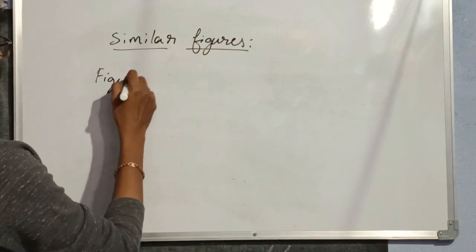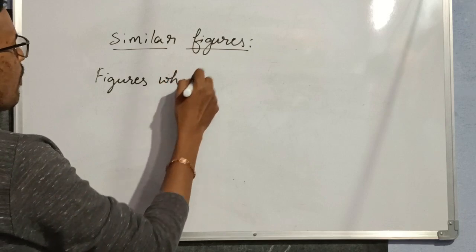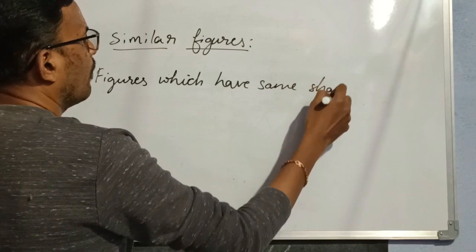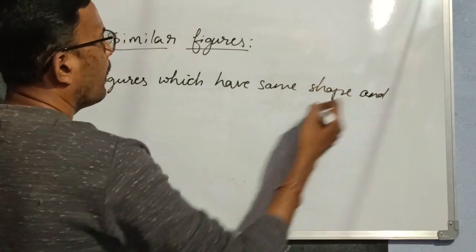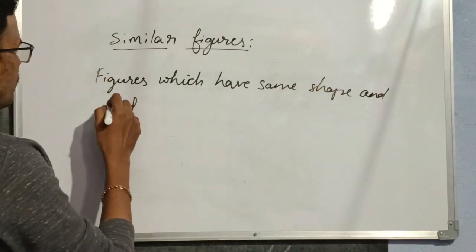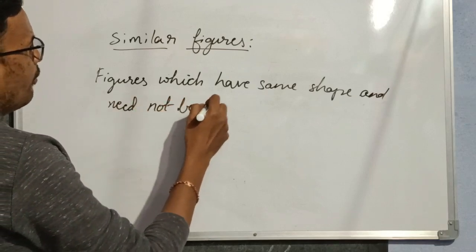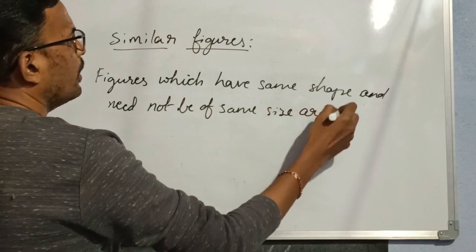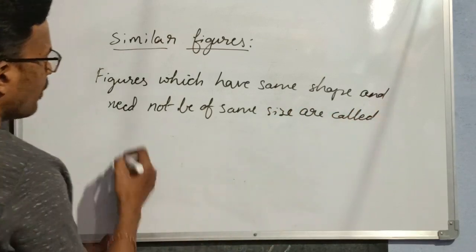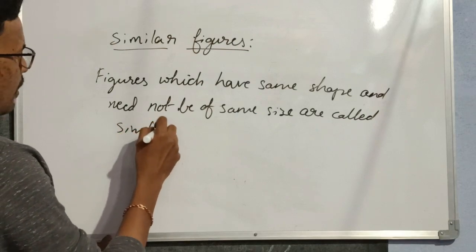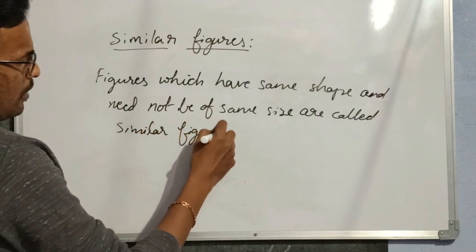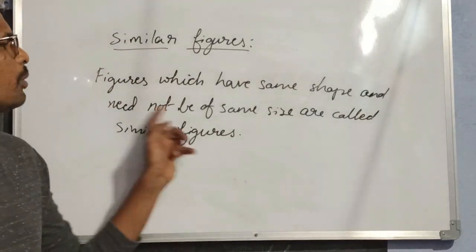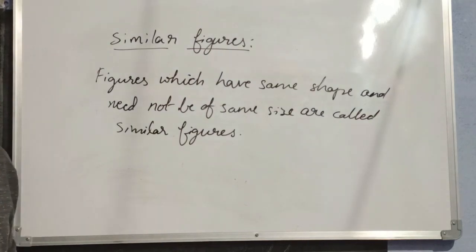Figures which have same shape and need not be of the same size are called, what type of figures? Similar figures. Figures which have same shape and need not be of the same size are called similar figures.